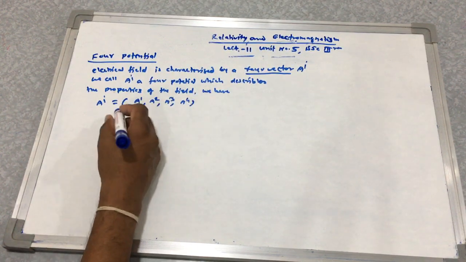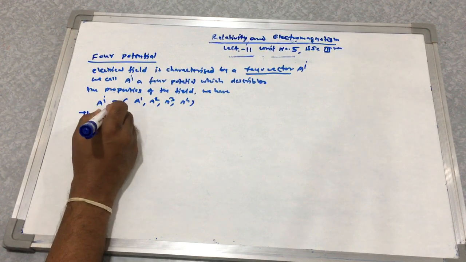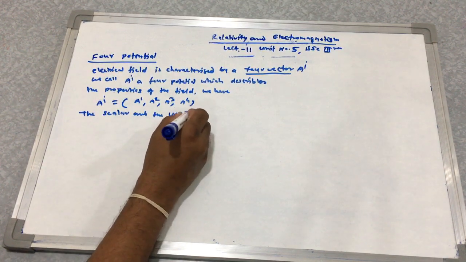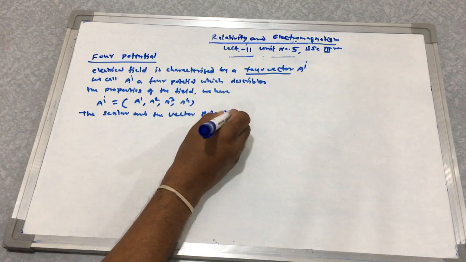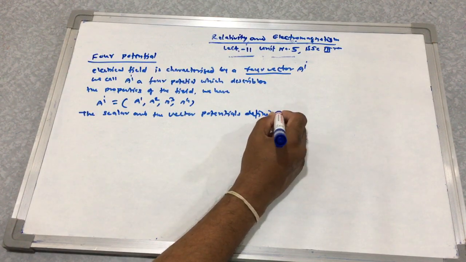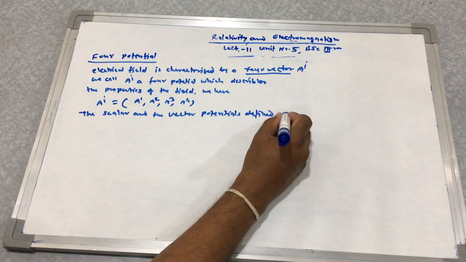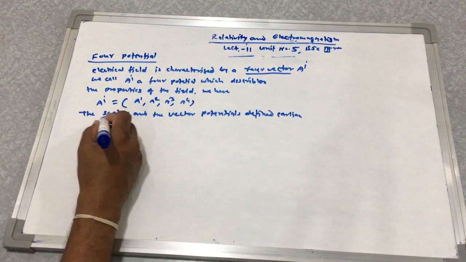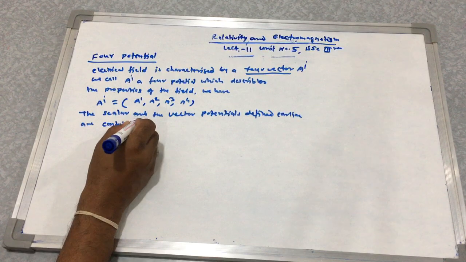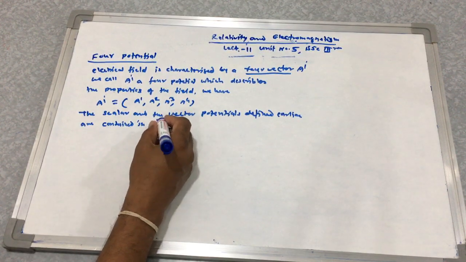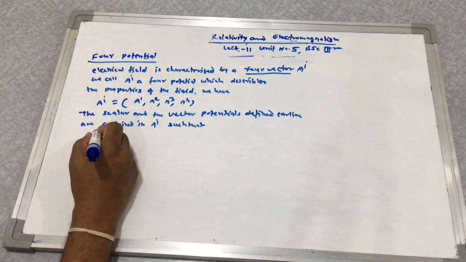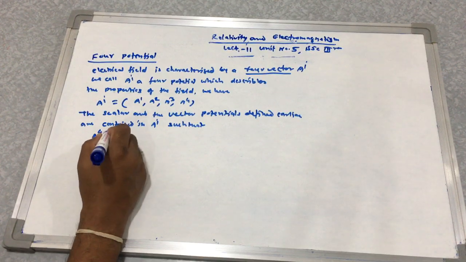So the scalar and the vector potentials defined earlier are contained in A^i, such that A^4 is equal to phi.